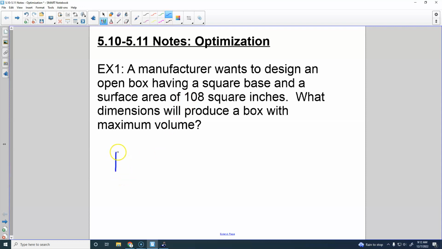So if we draw our box here with a square base. So in our square base, let me see if I can draw that a little better.